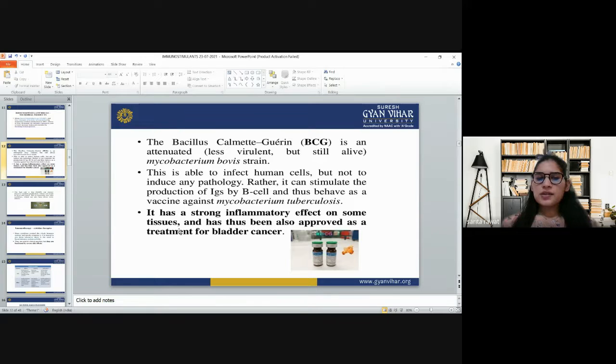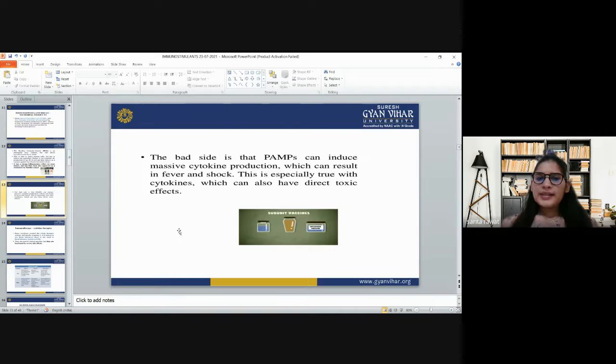It has a strong inflammatory effect on some tissues and has thus also been approved as a treatment for bladder cancer. Now, the bad side is that PAMPs can induce massive cytokine production, which can result in fever and shock. This is especially true with cytokines, which can also have a direct toxic effect.